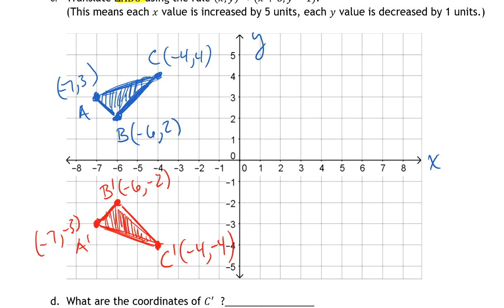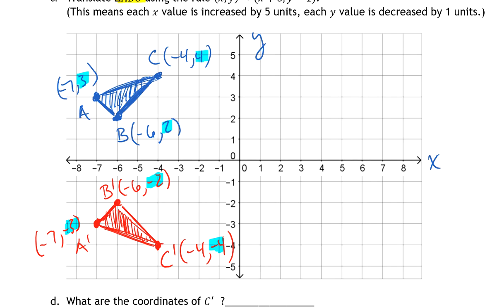But I do notice what's happening here. If you look at this, 4 becomes a negative 4. This 2 becomes a negative 2. This 3 became a negative 3. And if you were to reflect across the y-axis, something similar happens, but not the y-coordinate that changes. So I think you could think about that and come up with the rule.